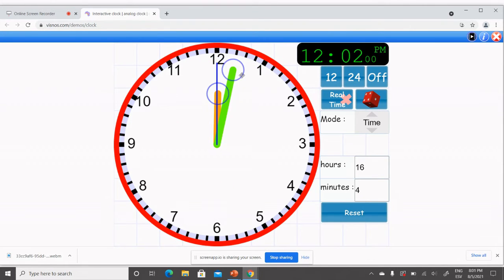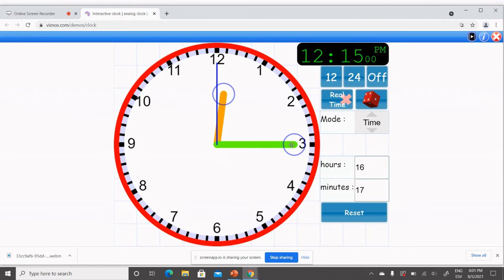Now, for the minute hand, let's check and see how many individual lines there are in between each hour part. 1, 2, 3, 4, 5. That means that they're going up by increments of 5. So if we were at the 2, it would be 5, 10. We can use our skip counting skills to determine the minutes.